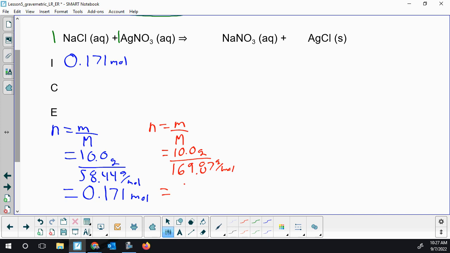And that works out to 0.0589 moles. Those front zeros would not be significant digits. So I've written down 3 digits.